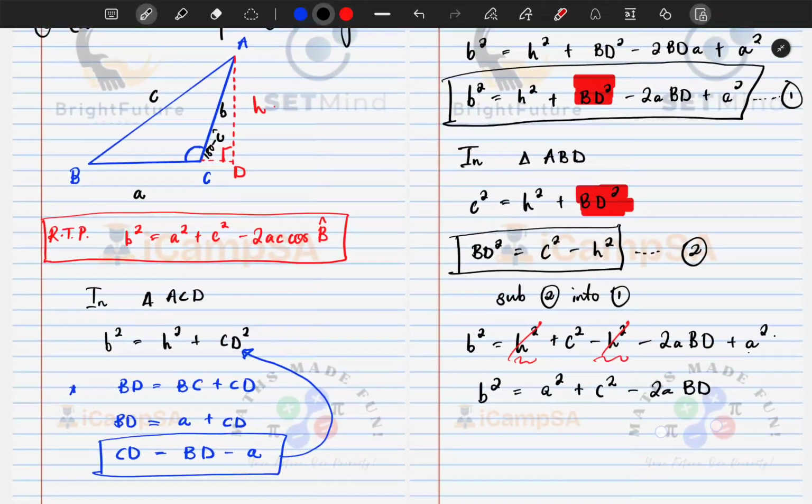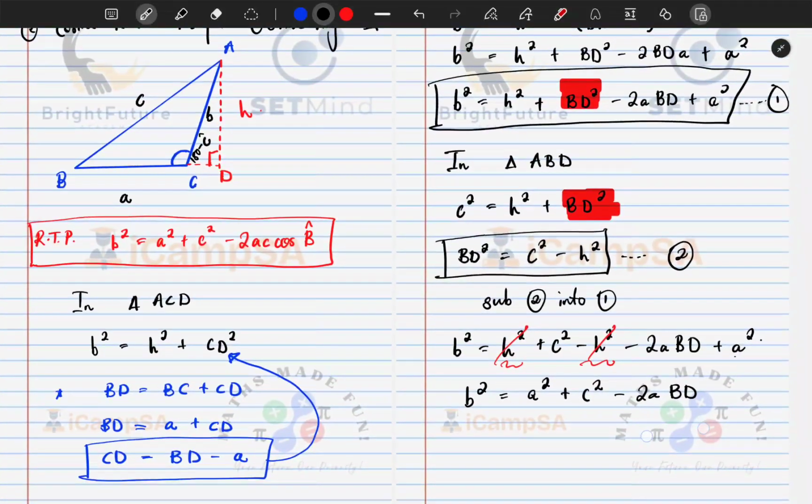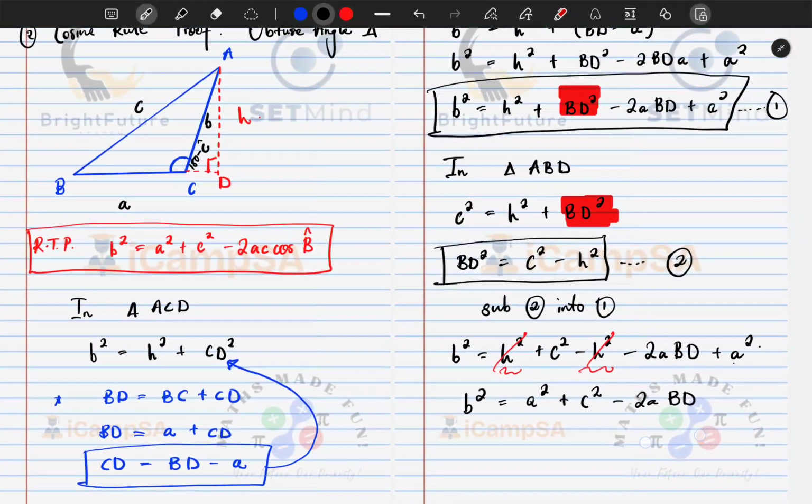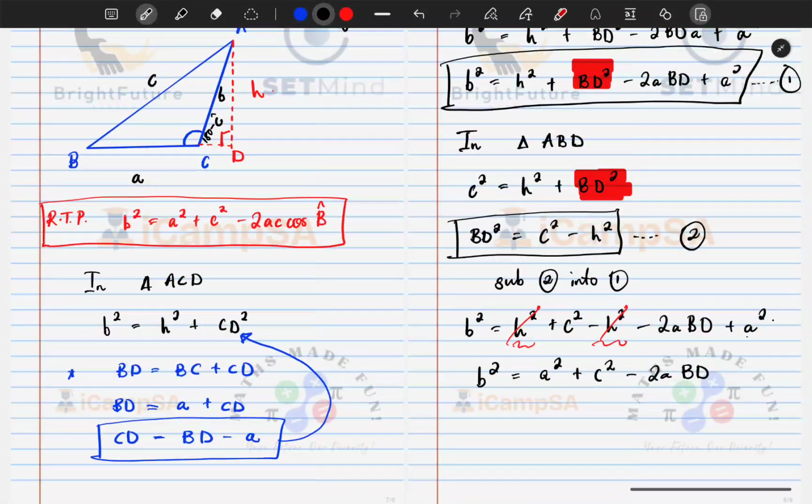I have bd, and what I want is I want to have cos of angle b. So where is bd? bd is in the big triangle, which is abd. While I'm still in the same triangle, remember I'm focusing on this angle, so I can say cos of angle b.